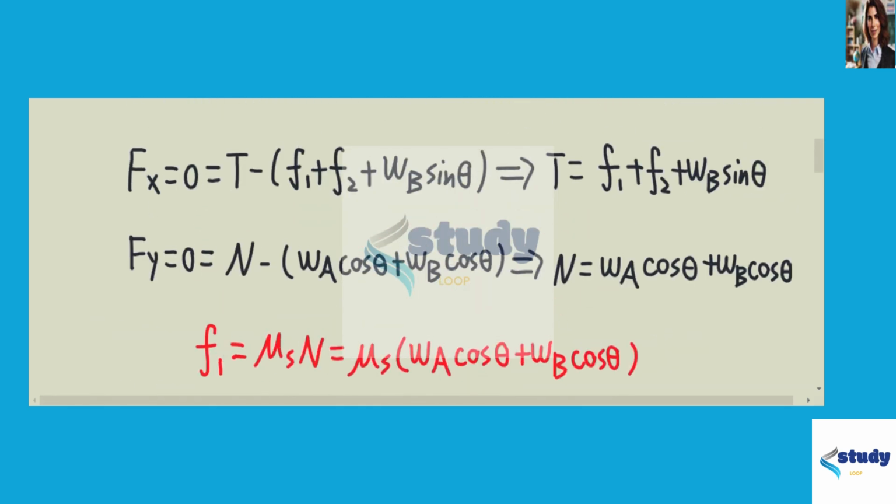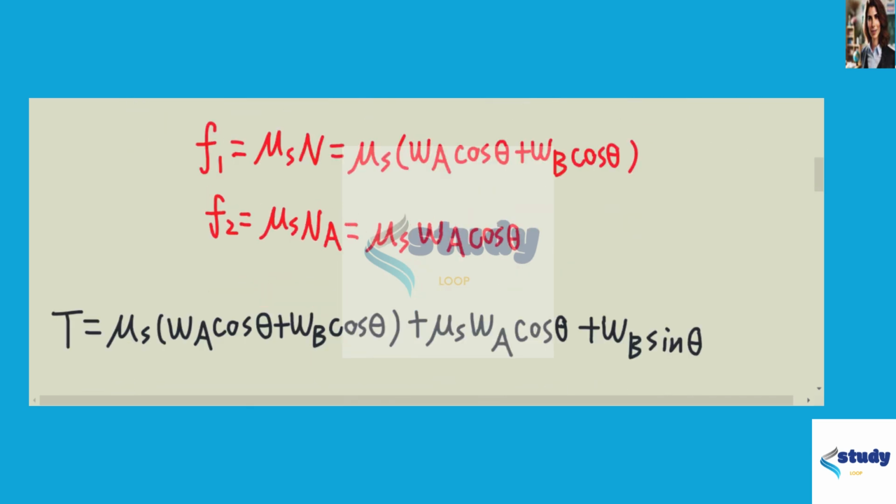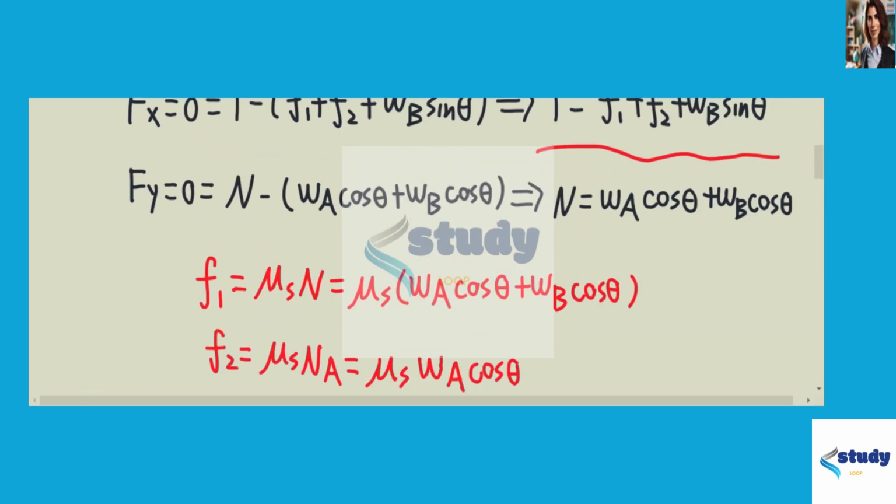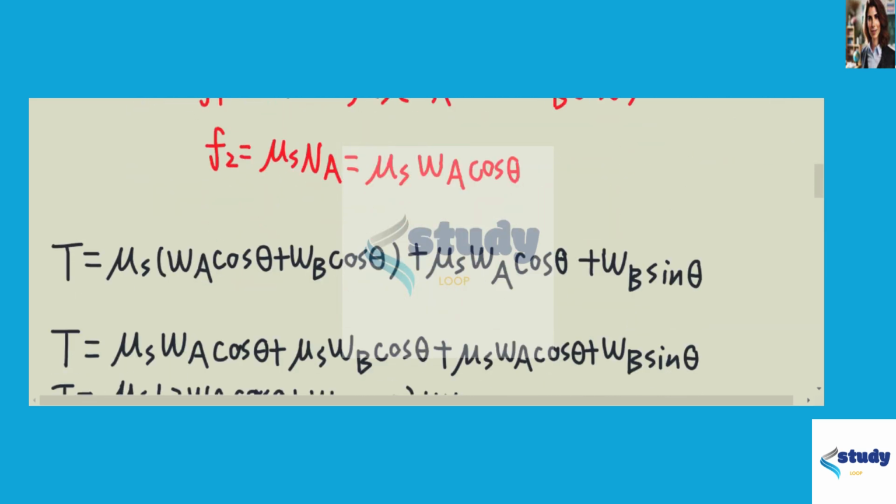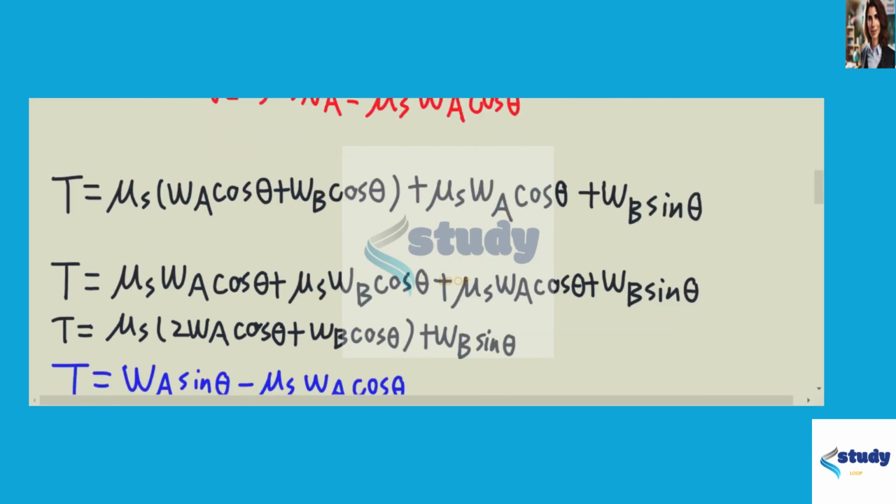If we plug back into the equation here, the tension T is equal to mu S times WA cosine theta plus WB cosine theta, plus mu S WA cosine theta, plus WB sin theta. If we do some rearrangement, eventually we have T is equal to mu S times 2 WA cosine theta plus WB cosine theta, plus WB sin theta.